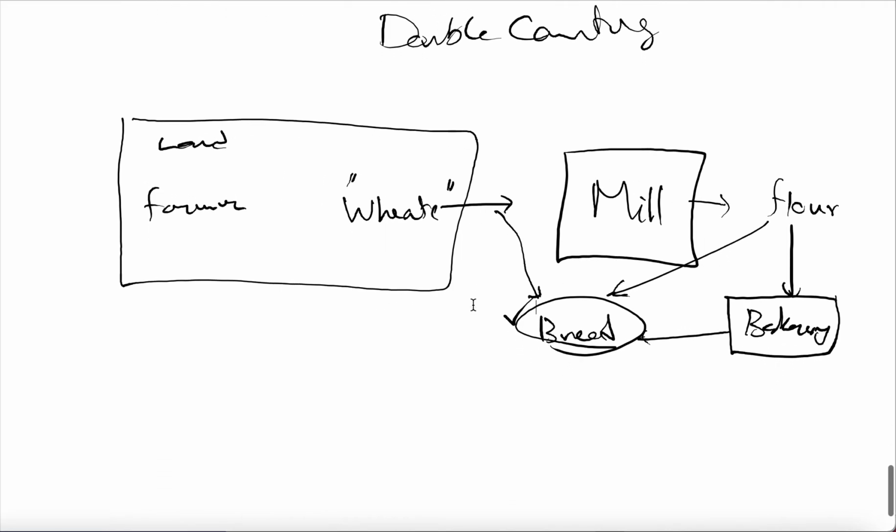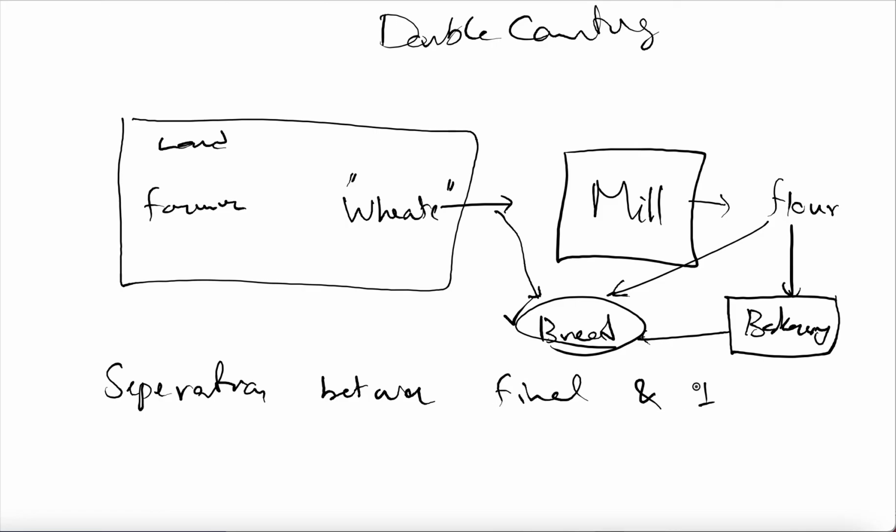Sometimes it is partially going, partially not going. So separation between final and intermediary products is difficult.